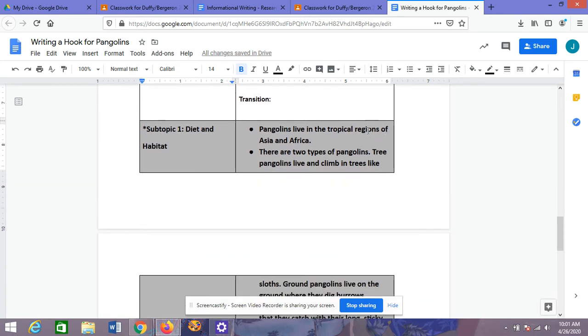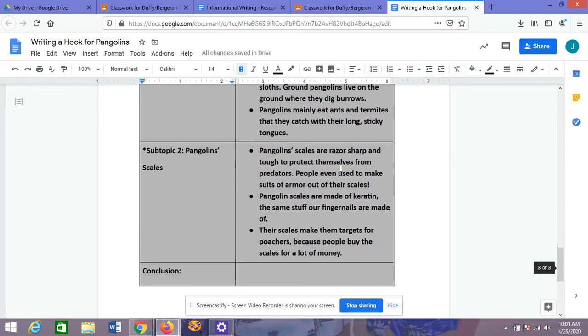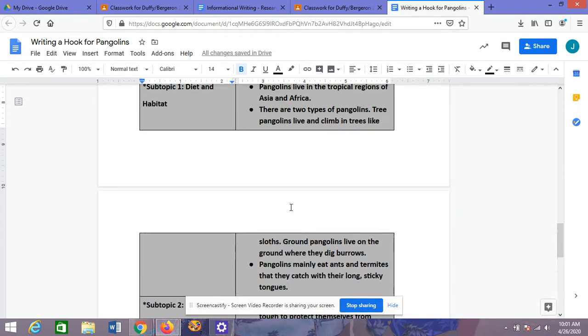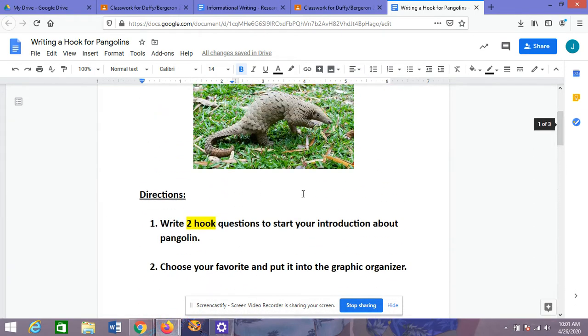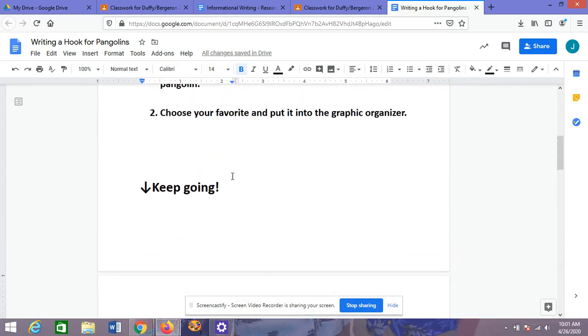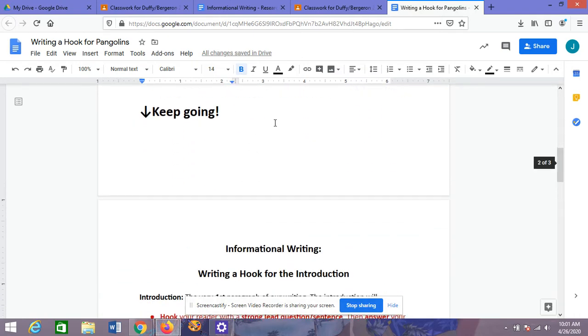For the information in the subtopic, I used diet and habitat, the one that I researched, and then I took the most popular pieces of information from everybody else's research for their scales, and I put that in here as a summary. Also, if you need a refresher on the pangolin, I'll put the video and the article on here too.